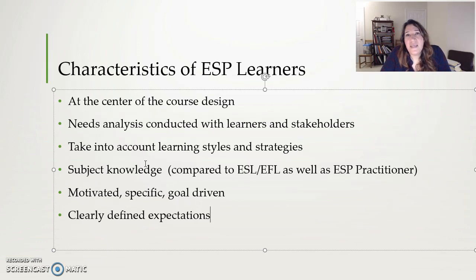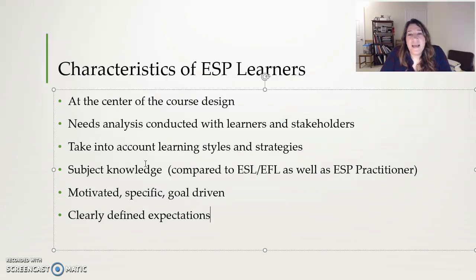And the biggest evidence for that is the needs analysis that we conduct with our learners, and not only with learners, but also the administrators that invest in such courses for their learners or employees to be successful. So we find out about their language proficiency, what they need, and the same goes with finding out what the stakeholders want out of this course.